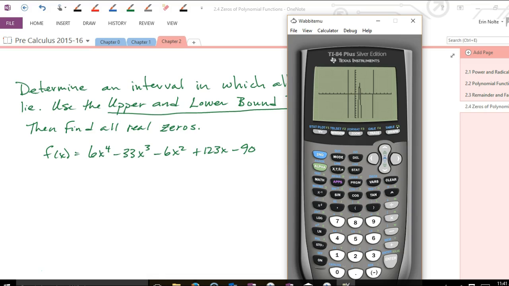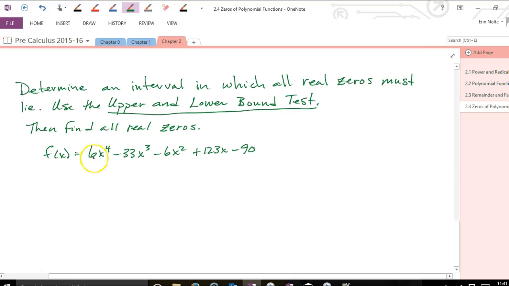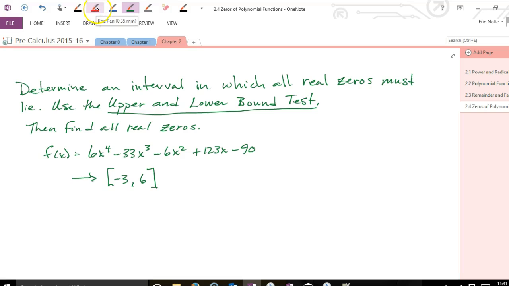So I would say, what's less than -2? -3. That sounds good. -3 to +6. So we're going to say that potentially the interval could be from -3 to 6. This is how you prove algebraically that that is actually true.